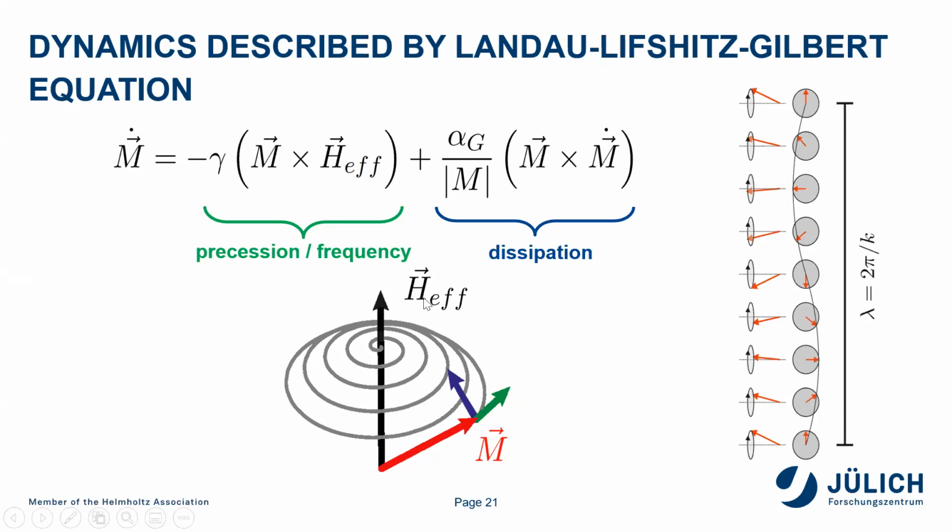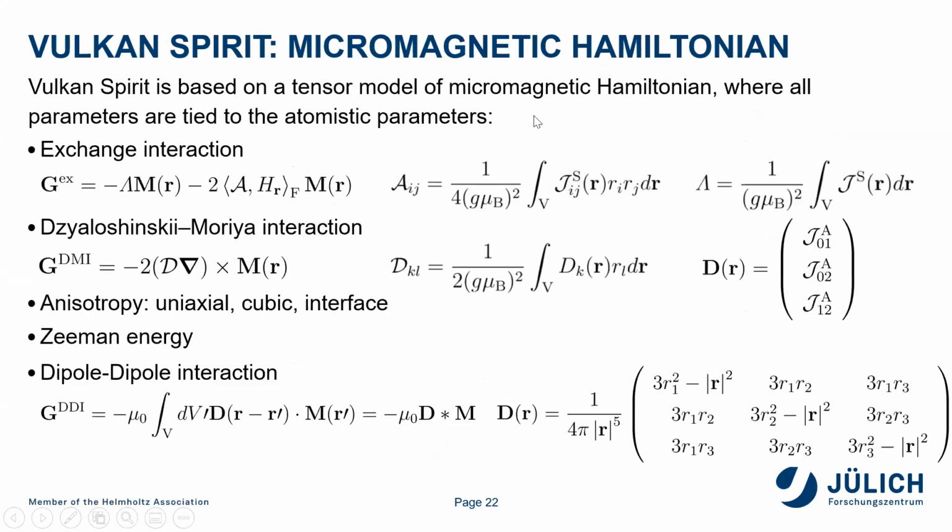And this model just describes a higher scope model of a spin precessing around this effective field. The effective field constitutes multiple interactions like exchange, DMI, anisotropy and Zeeman. I won't go into detail there, but they are all finite difference schemes that can be really easily calculated. And then there is dipole-dipole interaction that requires a convolution, which is done using fast Fourier transforms.